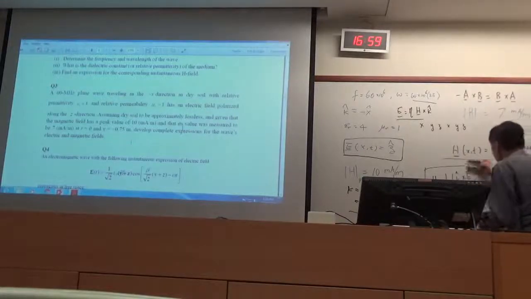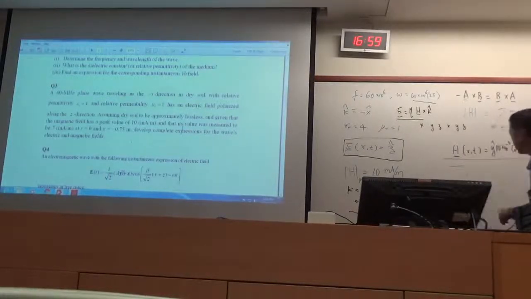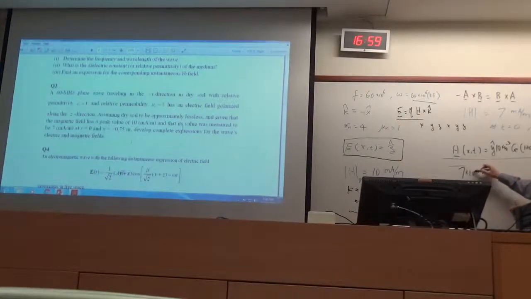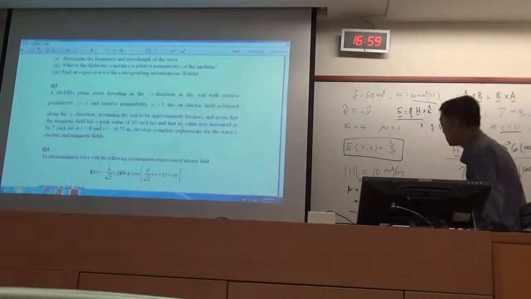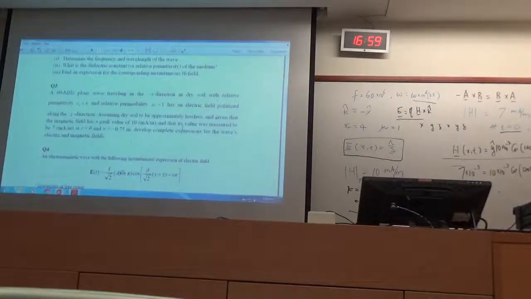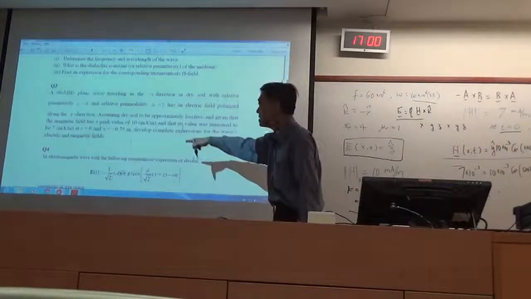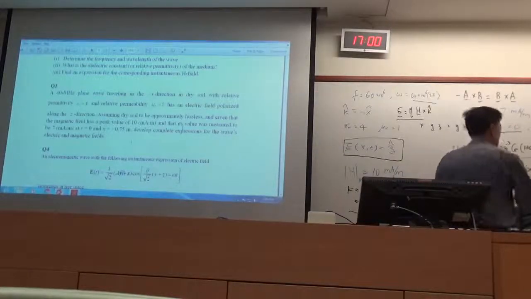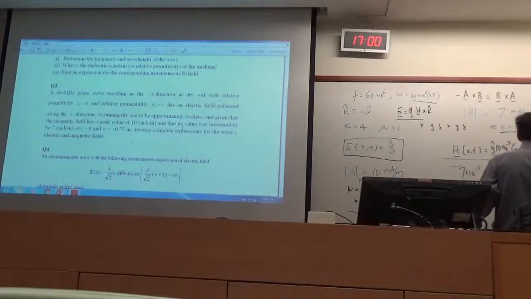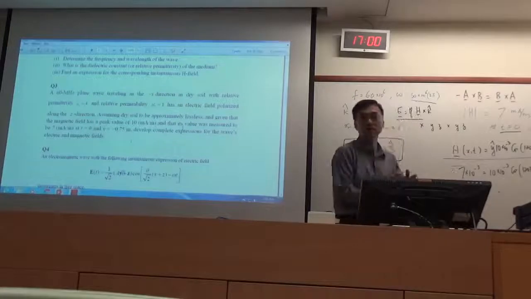It means that 7 milliampere per meter is equal to 10 times 10 to the power minus 3 cosine of 120 pi times 10 to the power 6 times 0 for t equal to 0, plus K, which is already calculated, times x equal to minus 0.75, plus phi.